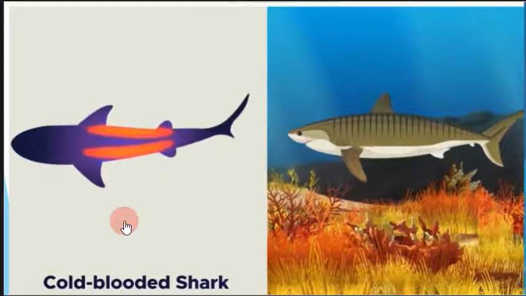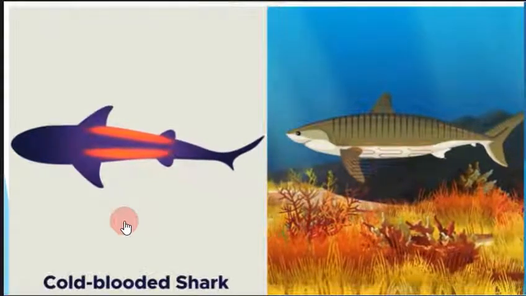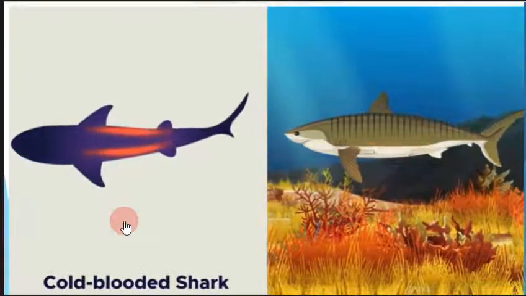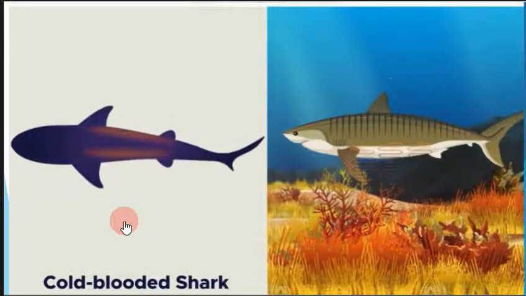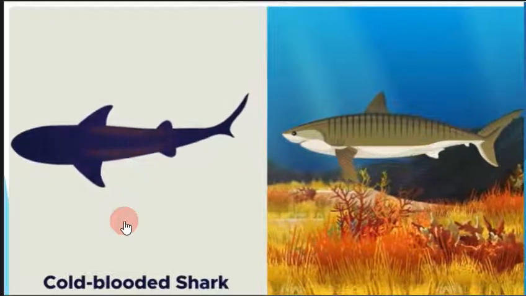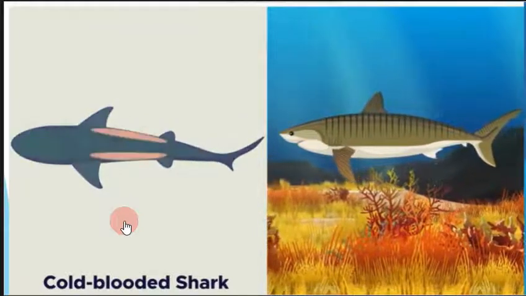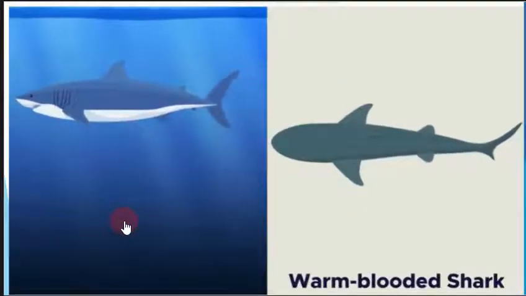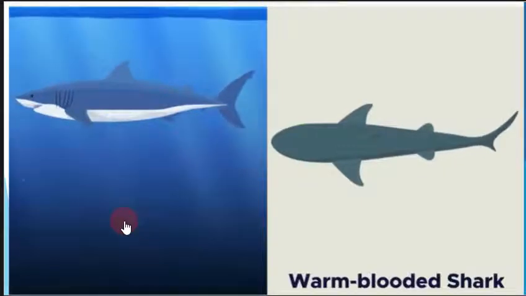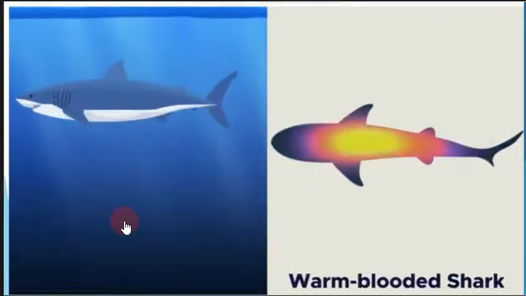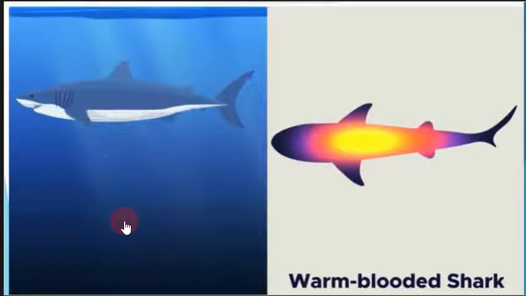But because water conducts heat 10 to 20 times better than air, this heat is normally immediately radiated from the skin and the gills and lost to the environment, resulting in no significant temperature increase. The great white, however, has evolved in such a way that it can greatly reduce this heat loss and thereby maintain an elevated body temperature.